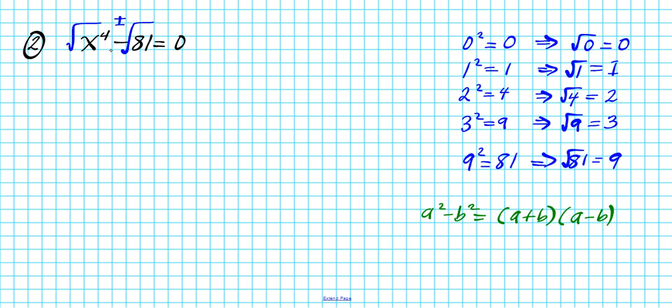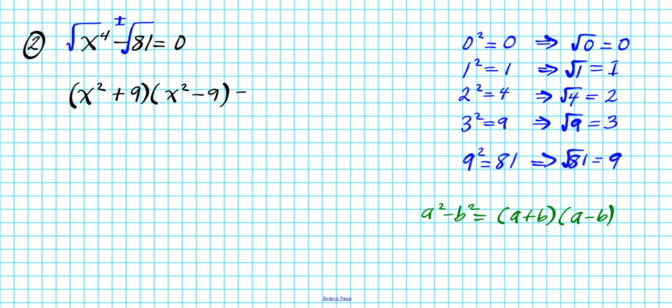When you're taking the square root, what you're basically doing is dividing the power by 2. So the square root of x to the fourth is going to be x squared. Okay, so we have x squared plus the square root of 81, which is 9. And then the same roots, x squared and 9, but this time we have a minus.